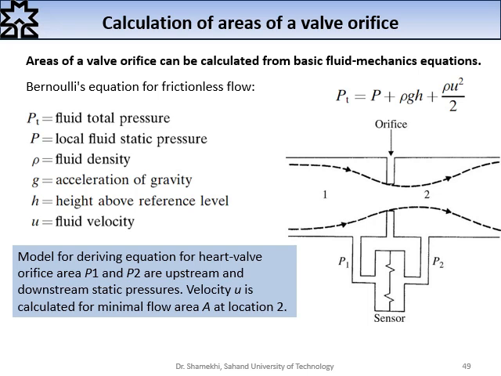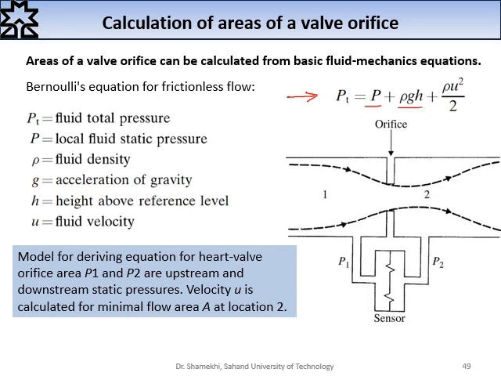Bernoulli's equation for frictionless flow is this, and in this equation we have PT as the total fluid pressure. P is the local fluid static pressure.